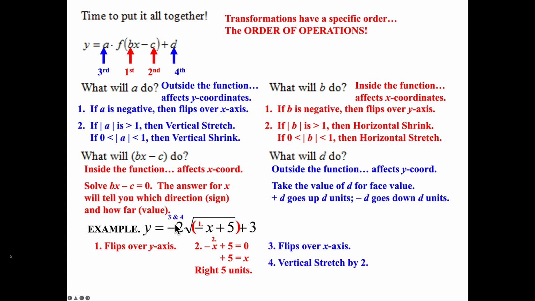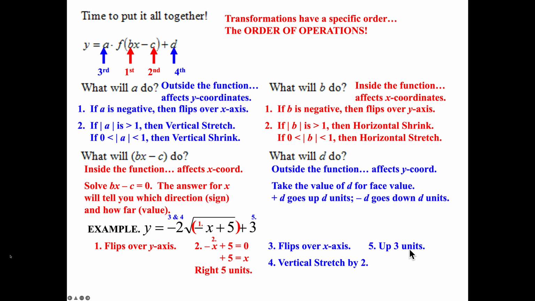Number 4, the positive 2. The 2 is greater than 1. That's a vertical stretch. A vertical stretch by the value of that 2. You got to put in that number. And then last, outside is a plus 3. That's your D. We're going up 3 units.